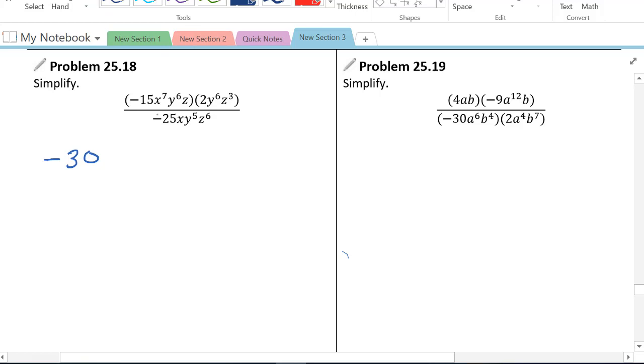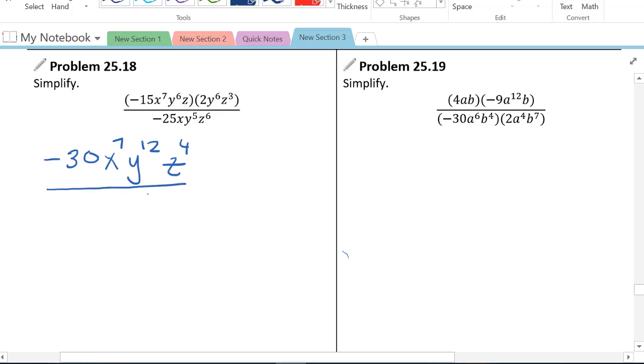Negative 15 times 2, negative 30, and then no x's, so just x to the 7, right? And then we have y to the 6 times y to the 6, so we add the powers, that's y to the 12. And then we have z to the 1 times z cubed, that's z to the 4.